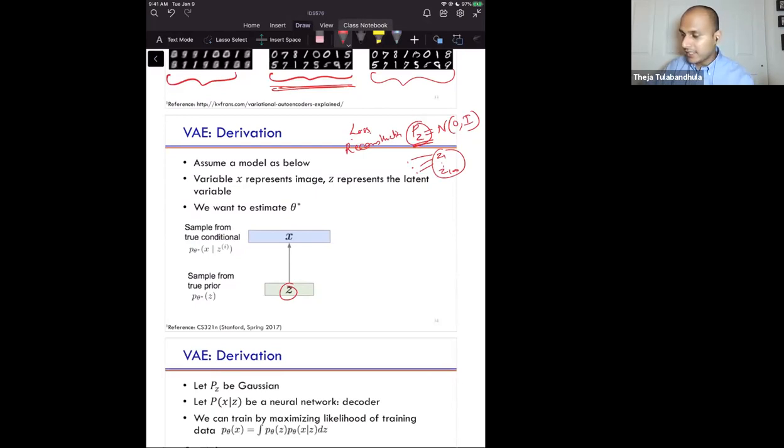Okay, so that's the restriction. So there's a reconstruction restriction, and there's a restriction on the embedding space that it has to be Gaussian. So how do we define the loss function for those two is the focus in the next few slides.